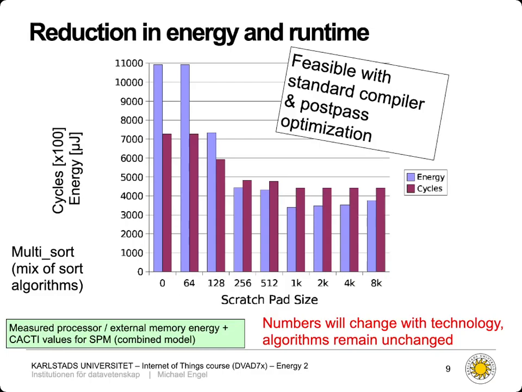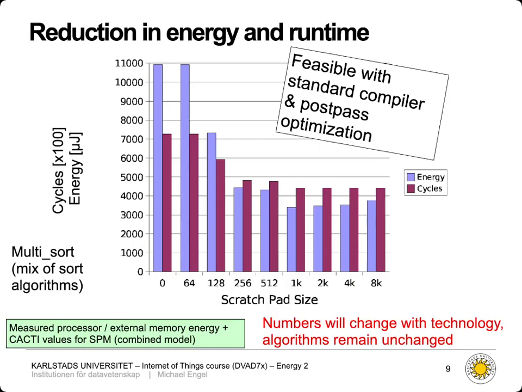This is quite an old diagram already, but it neatly shows which benefits you can gain from using scratchpad memory. In the best case, we reduced the energy consumption from 11,000 microjoules down to less than 3,500. That's a factor of more than three.